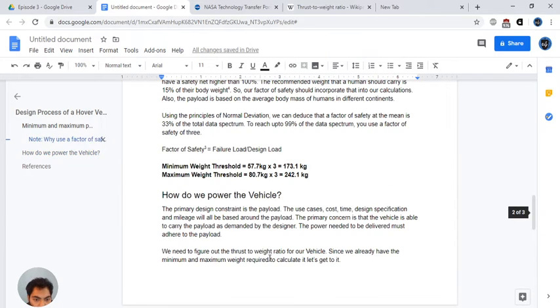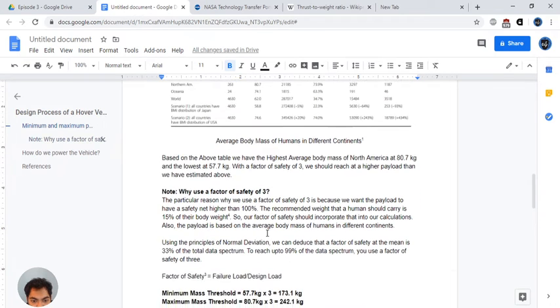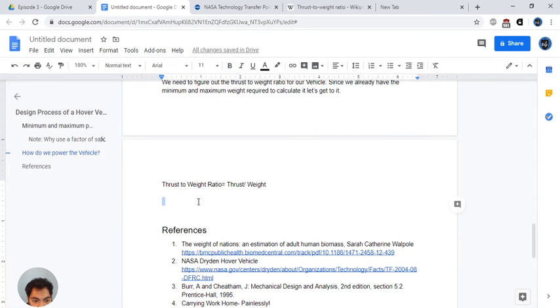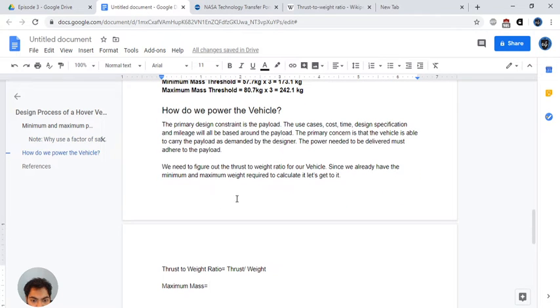So one other thing. I don't need to explain this to anyone. Maximum mass equals, I'm gonna use 9.81.